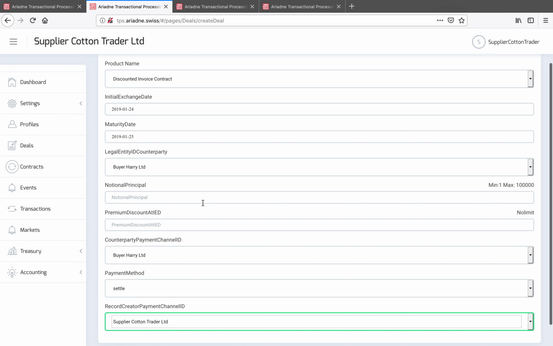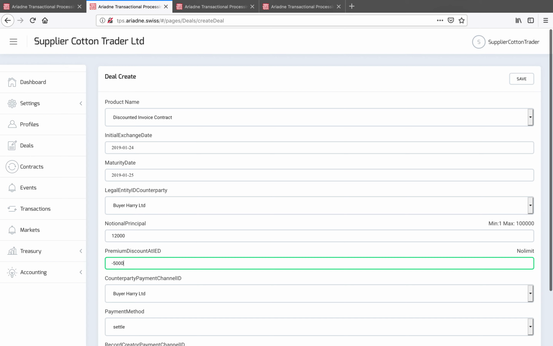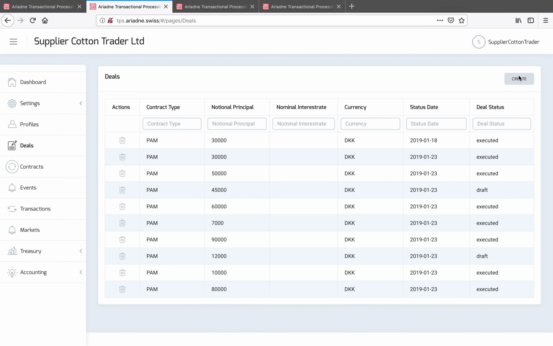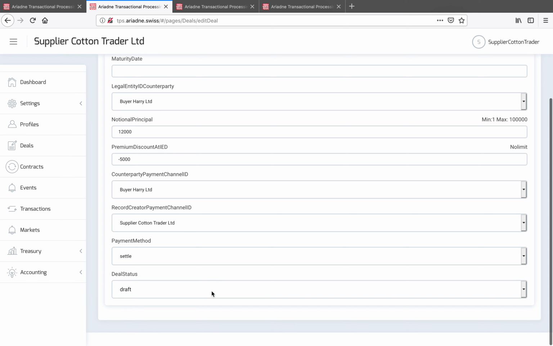The actual value of the contract is per se about 12,000 crowns. The discounted value is about 5,000 Danish crowns. Let's go ahead and execute this deal between these two counterparties.